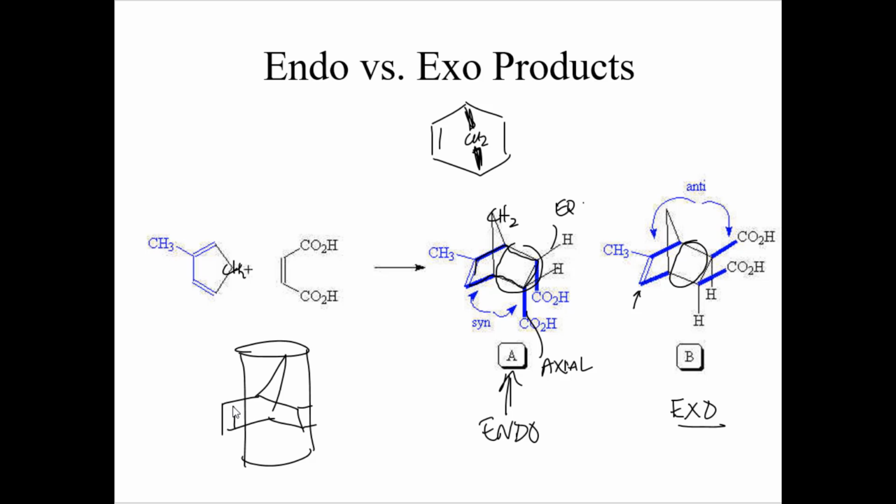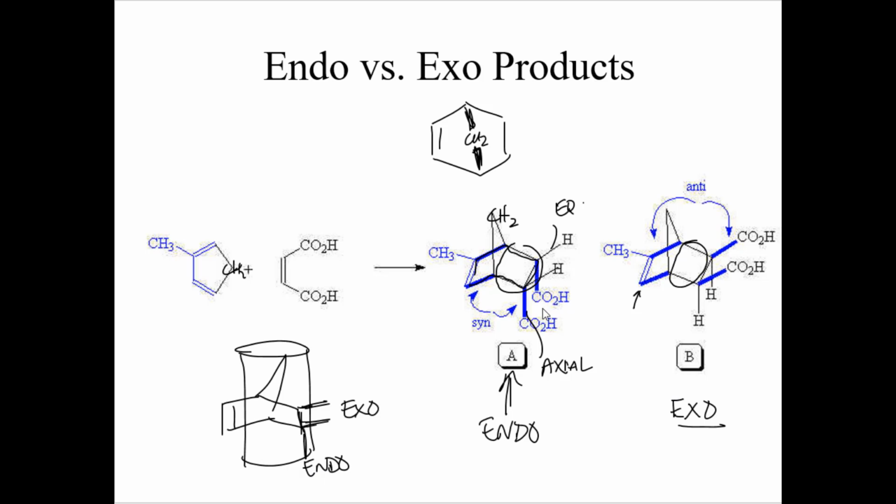And the cylinder with the double bond and then the groups at the edges of the cylinder. And so if the groups are pointing outside of the cylinder, that makes them exo. If the groups are sort of inside the cylinder, then I think of that as being endo. So that's sort of the way I think about endo and exo, relating it to what our English definitions of those words mean.